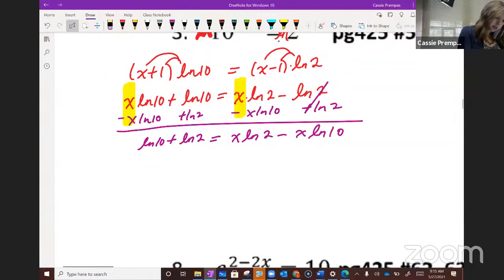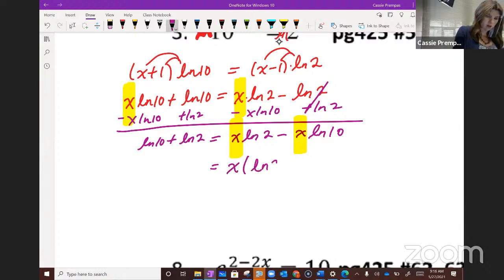Now I have the x's on the same side of the equation, which is beautiful. So what can I do with it? Okay, so Laney's noticing that I could call this side natural log of 20, if I wanted to. That'd be great. What can I do with the right side? Take the x out. Good, let's factor that out. So if I factor it, I would have x times quantity natural log of 2 minus natural log of 10.